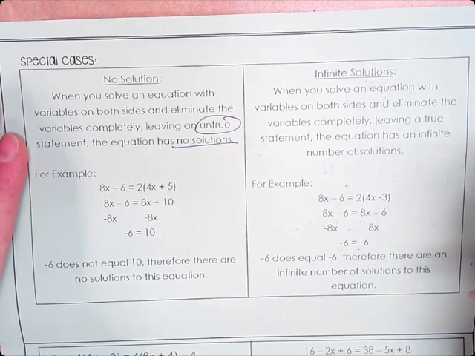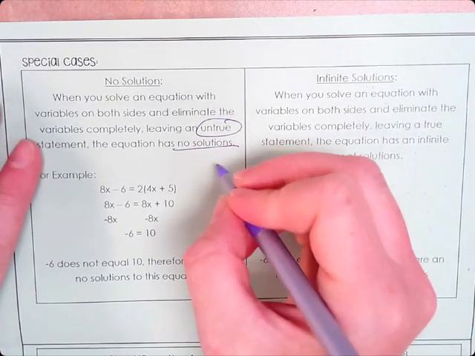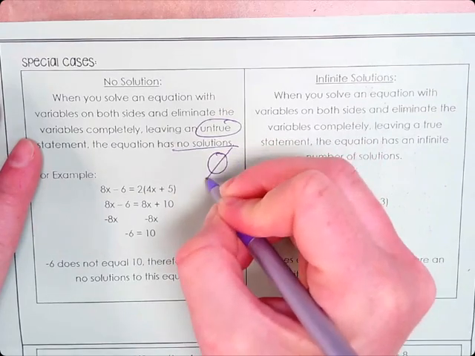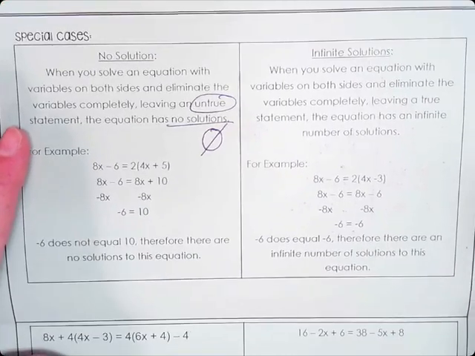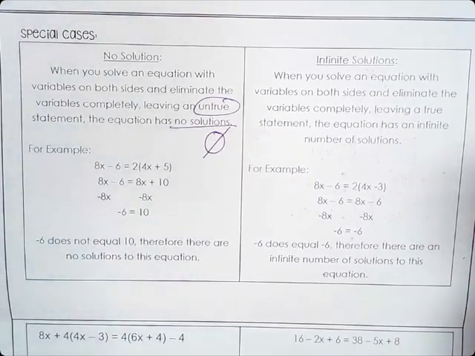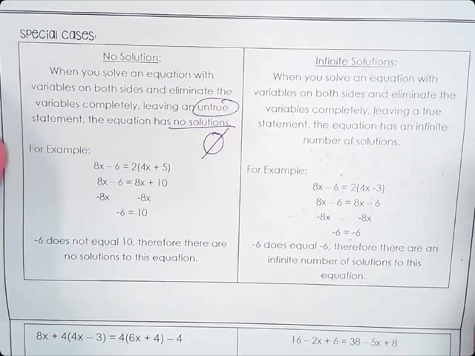Instead of writing no solution, you can also use the symbol for no solution, meaning a 0 with a slash through it. That means there's an empty set. There's no answer that will make it true.